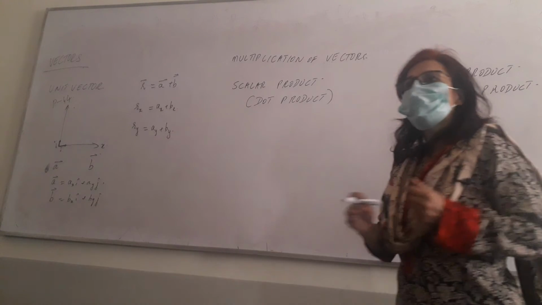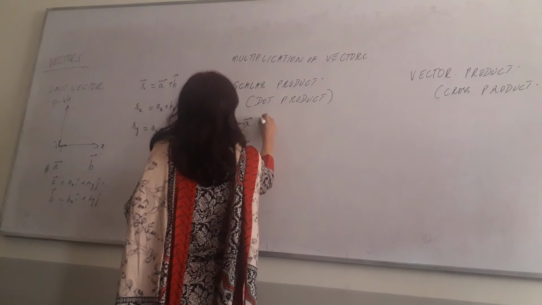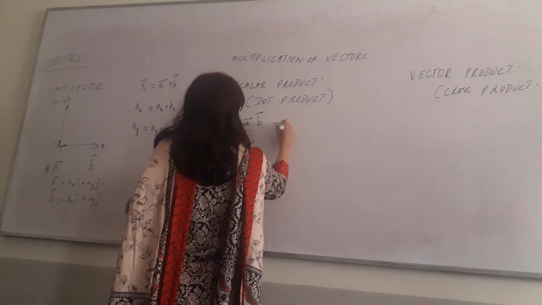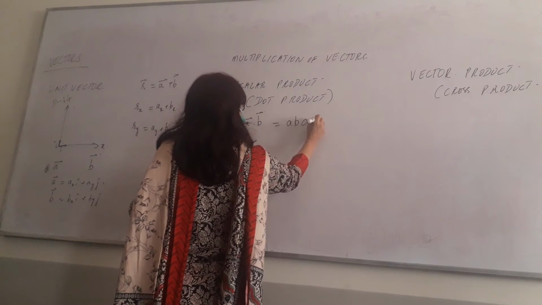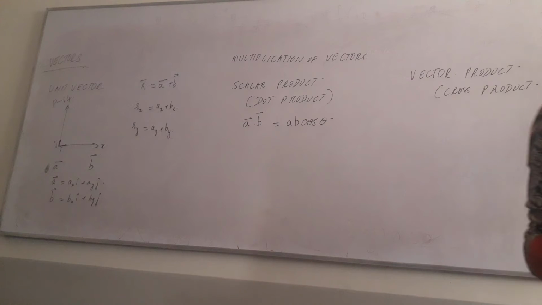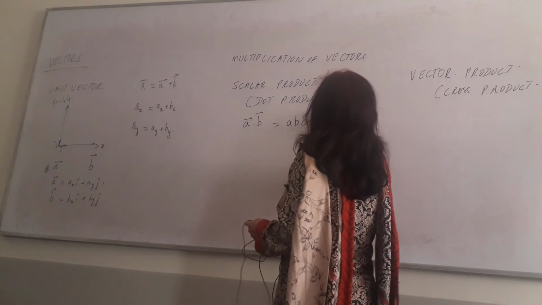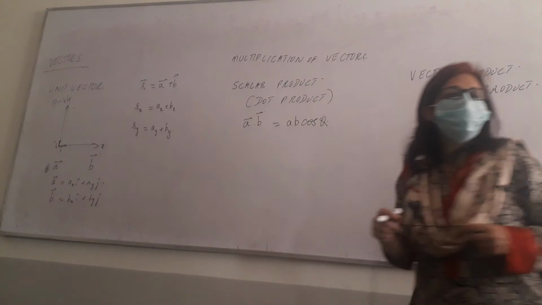One will be written as A dot B is equal to AB cos theta, the angle between them, theta or phi. In your book it is phi, so we can use phi, depending on the diagram.